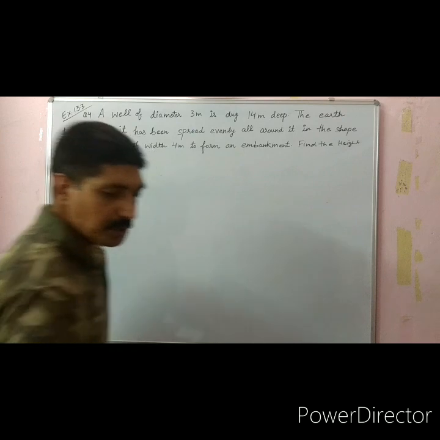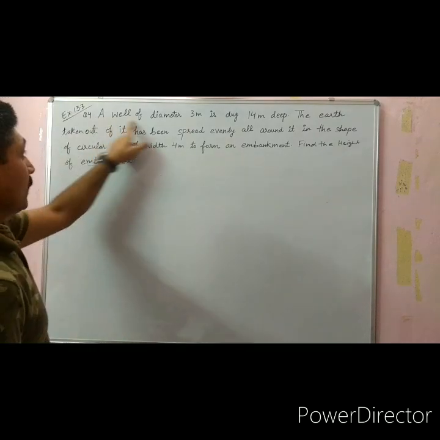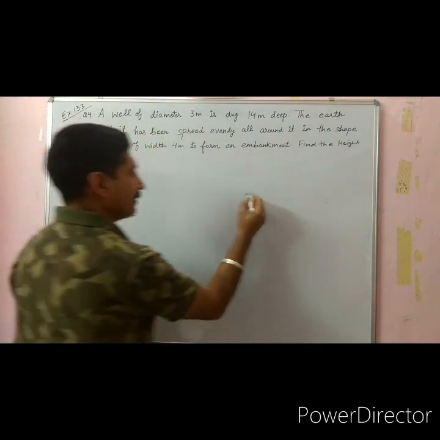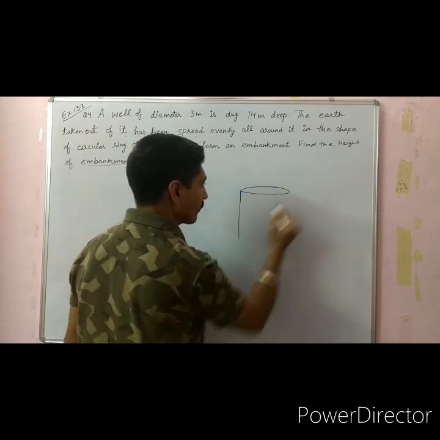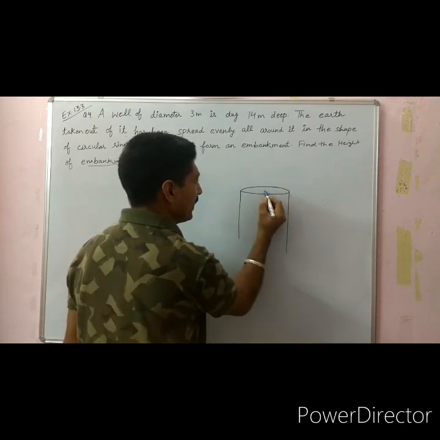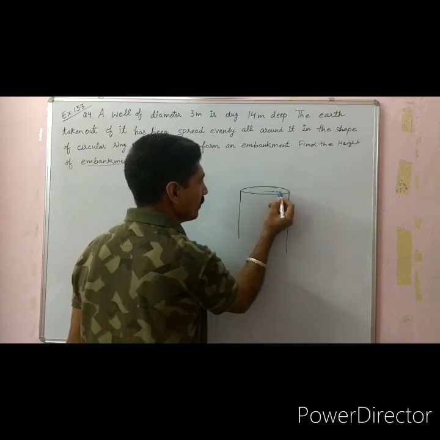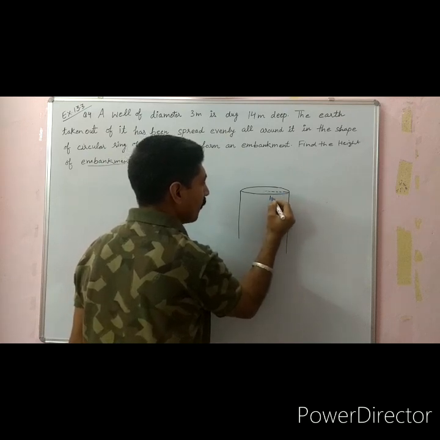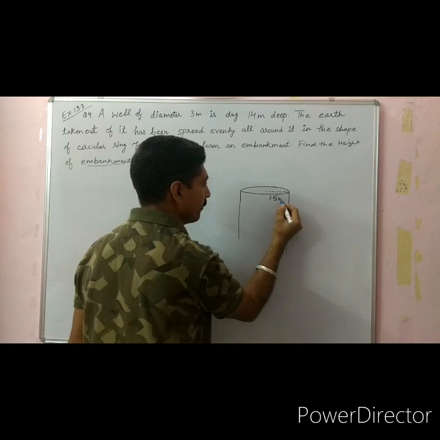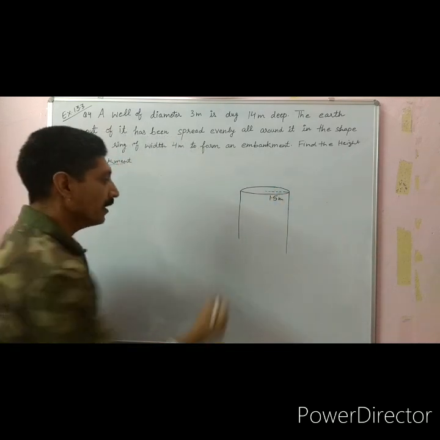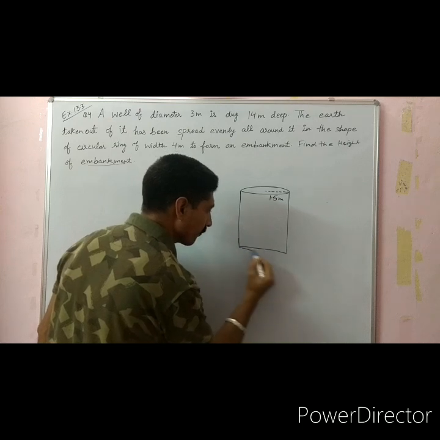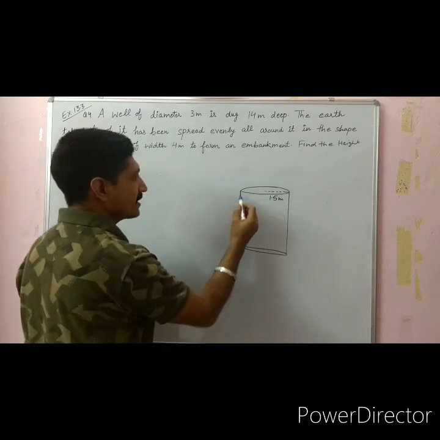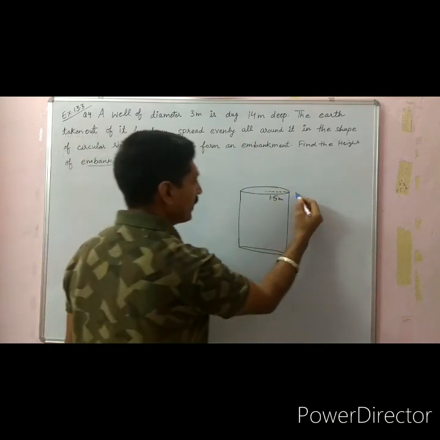In this question, the diameter of the well is given as 3 meter. So what is the radius? The radius of the well is half of the diameter, that is 1.5 meter. The height is also given, that is 14.